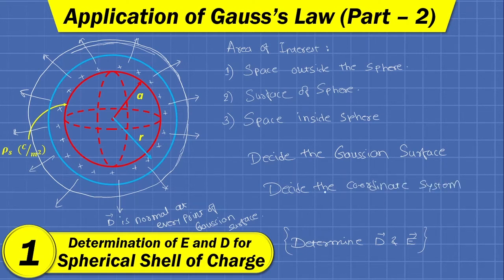Generally, whatever the shape of the Gaussian surface, the same coordinate system will be applicable for calculation. This is the thumb rule. So we are going to use the spherical coordinate system for calculation, and we have decided to use a sphere as the Gaussian surface.